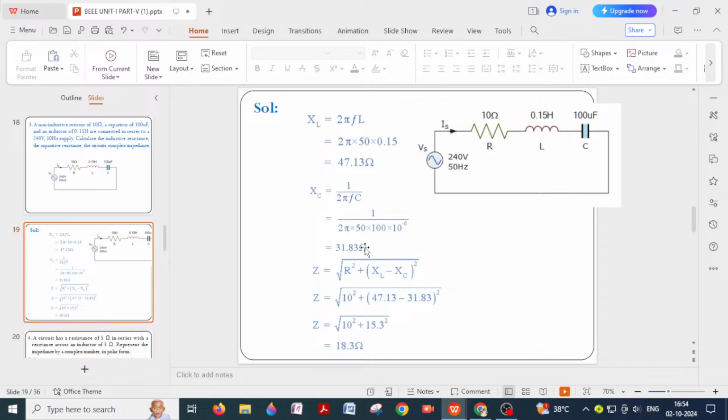You just substitute all the values in this and you will get XC is equal to 31.83 ohms.